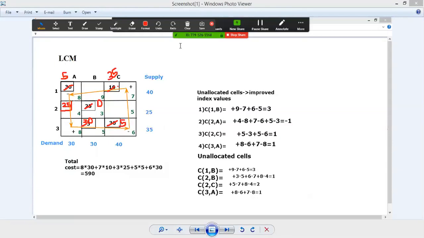How to compute the cost? I will write here.